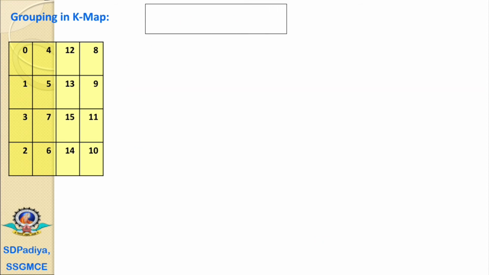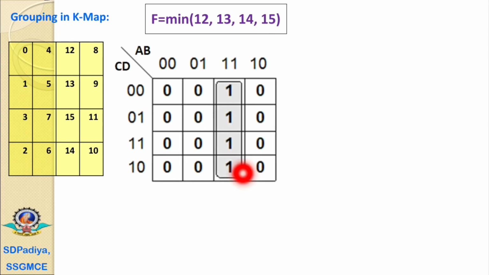The next similar example is a function with the min terms 12, 13, 14, 15. Here if we construct a truth table, then for the designation cells 12, 13, 14, 15, we write 1, 1, 1, 1.